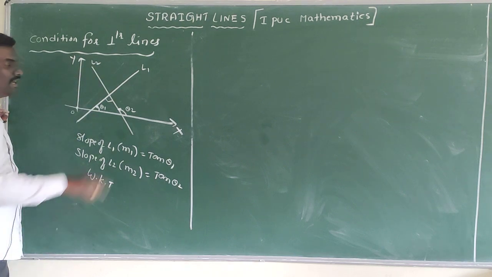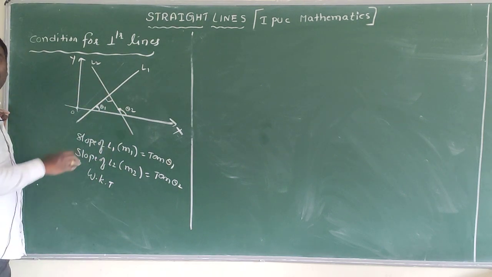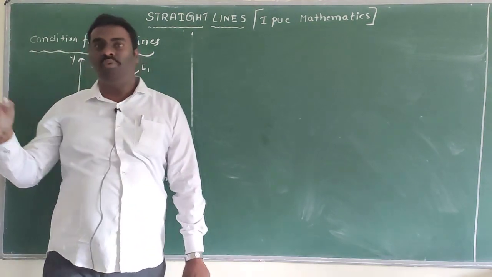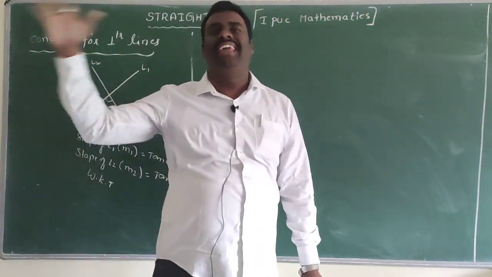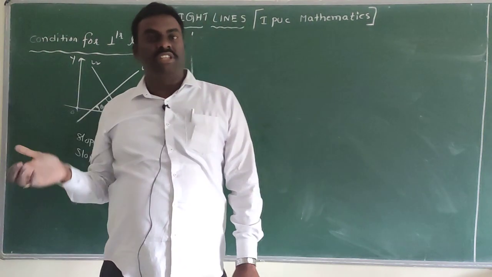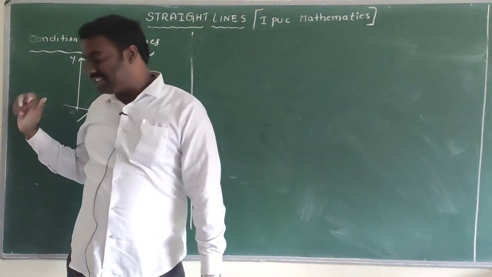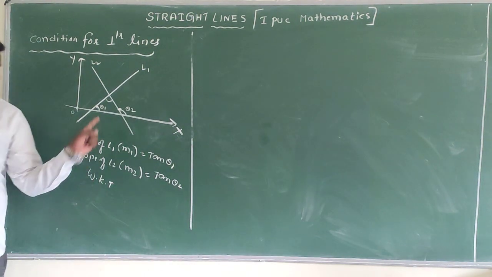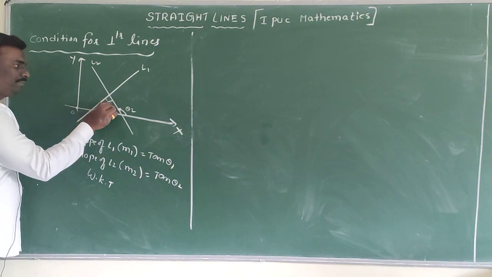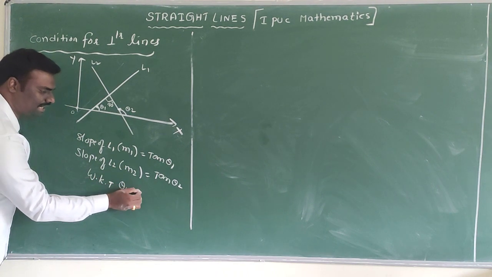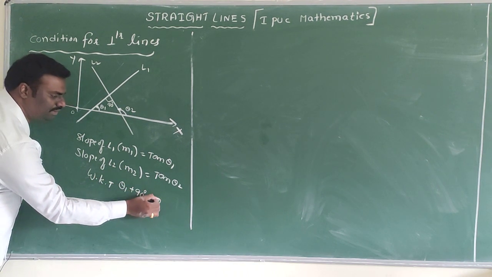Interior angles, and this is what? Exterior angle. Sum of two interior angles is equal to the opposite exterior angle. Once again, sum of two interior angles is equal to the opposite exterior angle. Here, what are the interior angles? Theta 1 and 90, means theta 1 plus 90 is equal to theta 2.